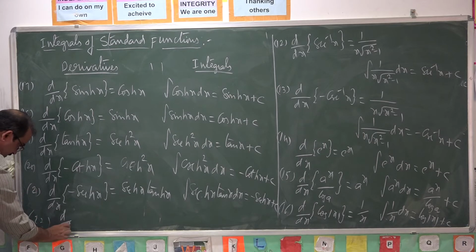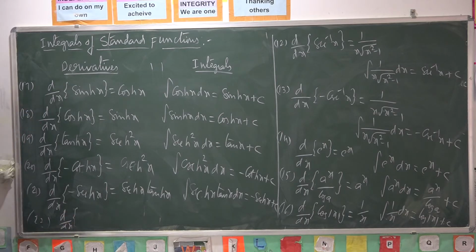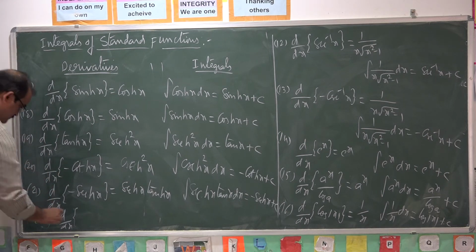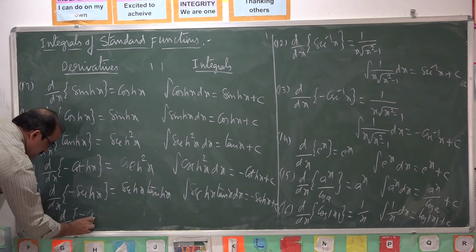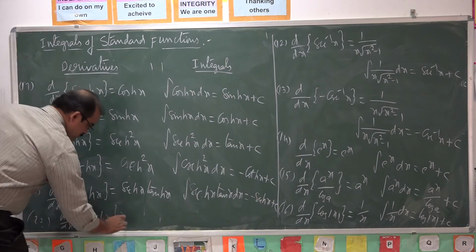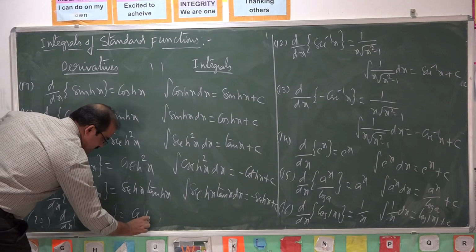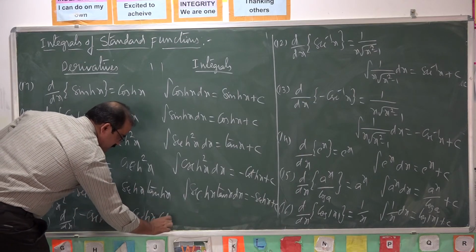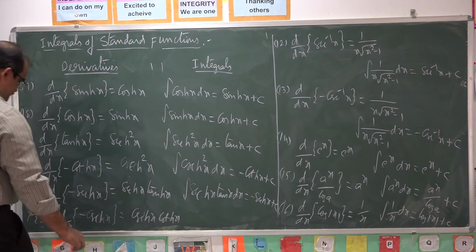d by dx of minus cosecant hx is equal to cosecant hx into cot hx.